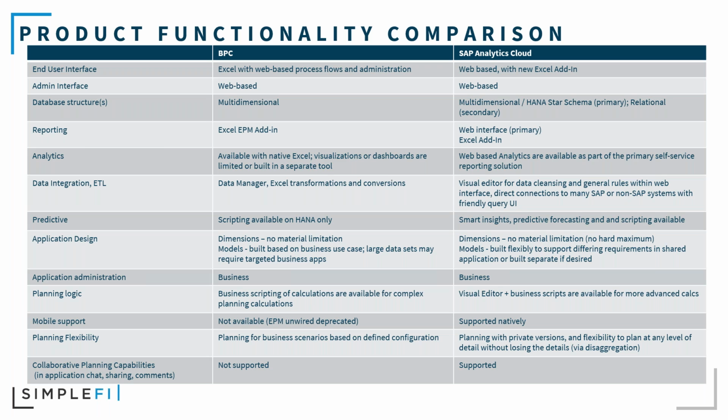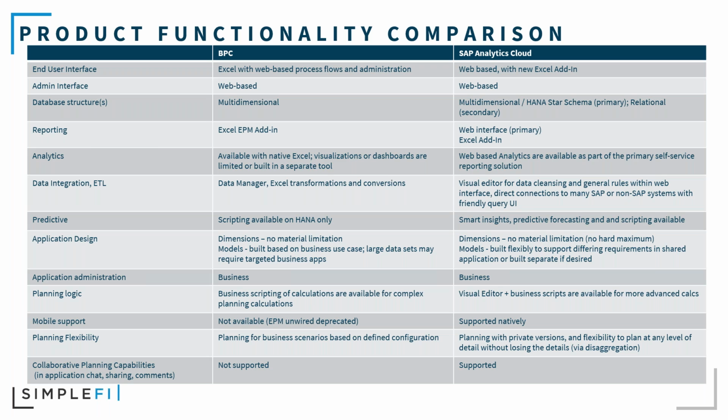when we talk about planning, I'll highlight that a little bit, but there are a lot of similarities. Although they're both web-based, there are obviously going to be some nuances or differences between the two. But again, there's similar language, like member sets and others, so from a transition perspective, moving from BPC to SAC, a lot of that is comparable and usually pretty easy.